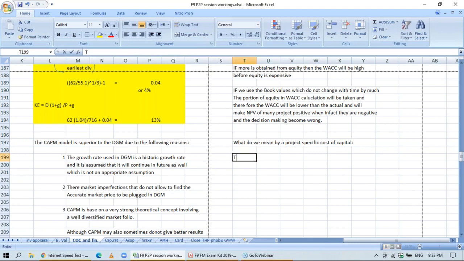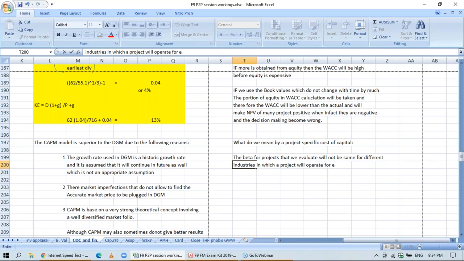The beta for projects that we evaluate will not be the same for different industries in which a project will operate.